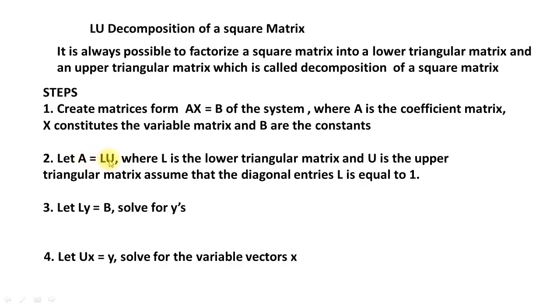So A = LU, and then using the lower triangular matrix and matrix B, find a column matrix Y, and at the end, using the upper triangular matrix and column matrix Y, solve the system for the matrix X. In this matrix X, we have the unknown variables of the given system.